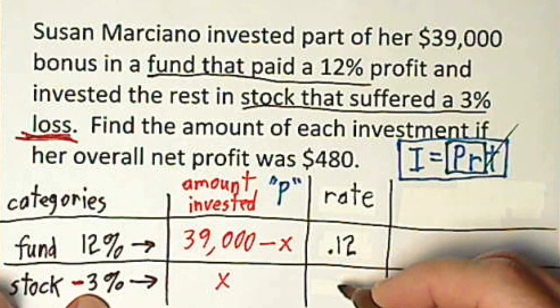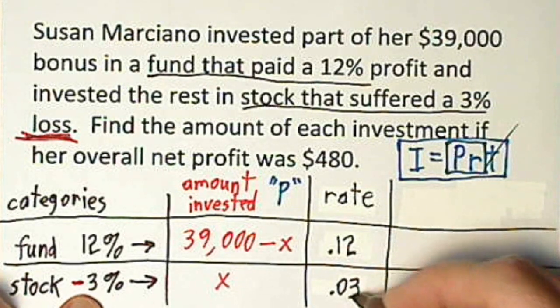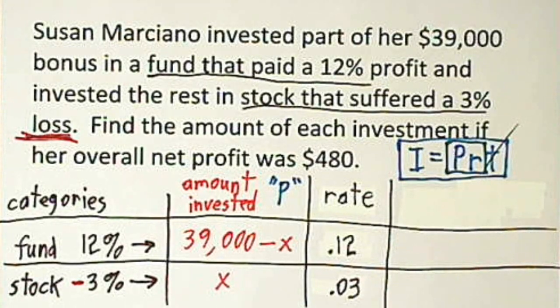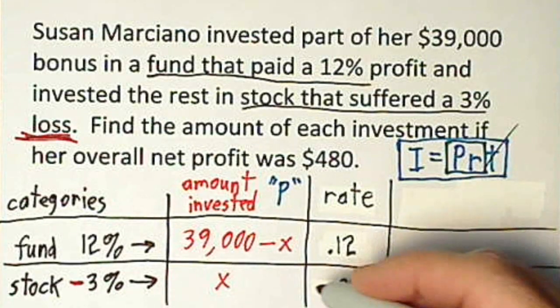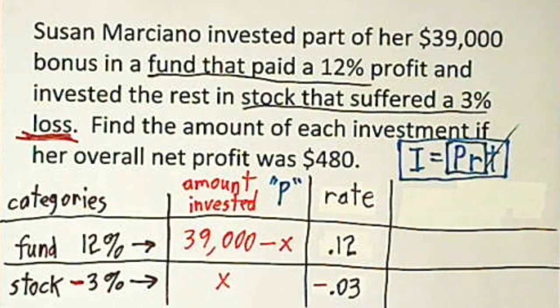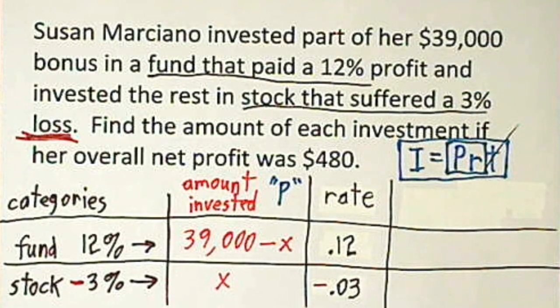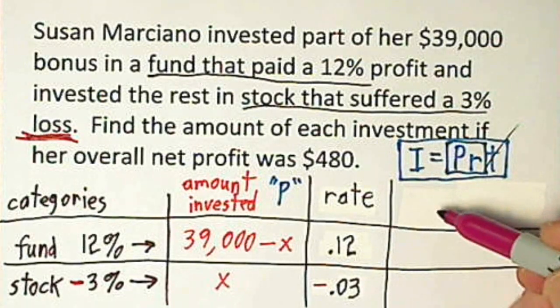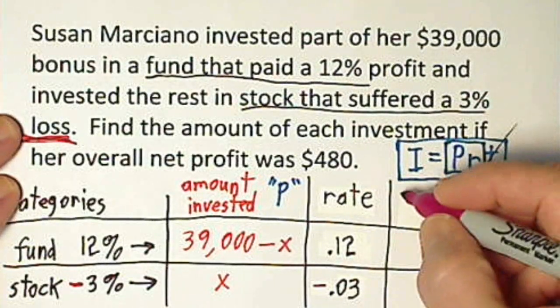So first, to change the 3% to a decimal is 3/100ths. But this loss has to be represented in our calculation. Okay, so be absolutely sure you keep up with that. And then for our final category here, for the interest, it might seem a little confusing when you have a loss to call that interest, but this is the amount left at the end.